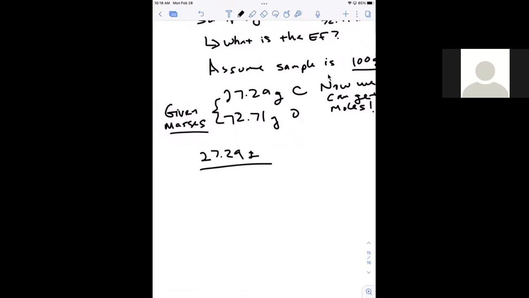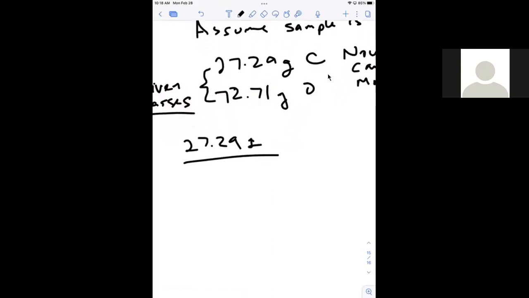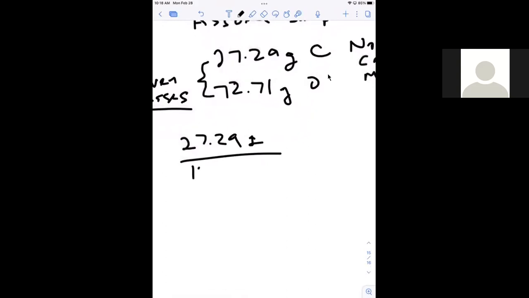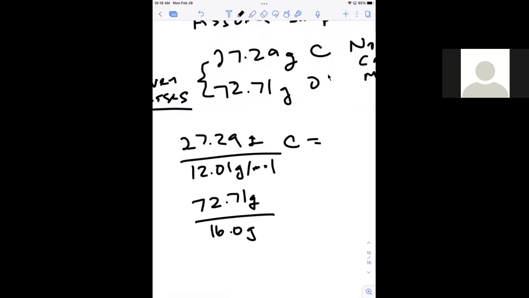So what are we going to use for carbon to determine the number of moles? 12.01 grams per mole for carbon. And then for oxygen, it's going to be 72.71 grams divided by 16.0 grams per mole for oxygen.